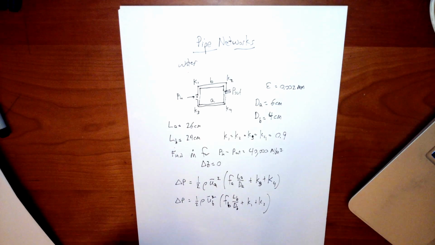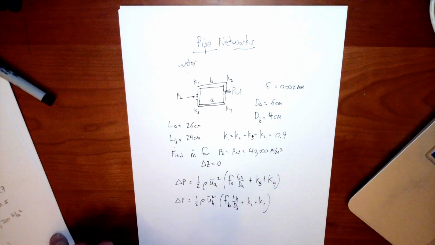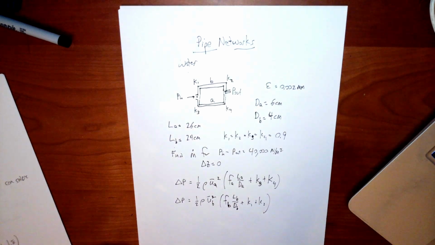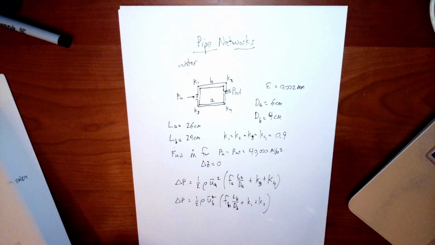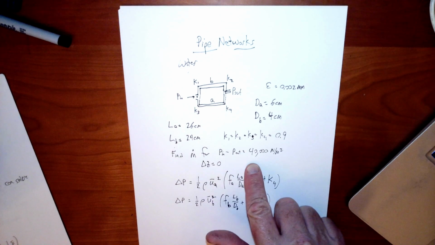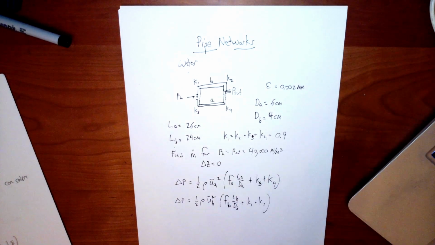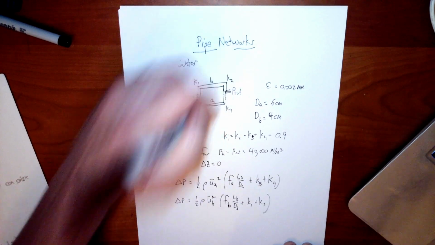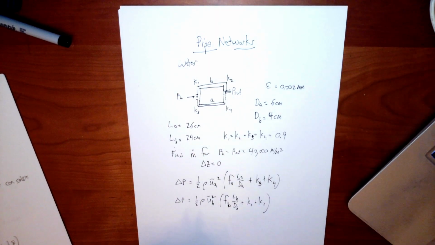Those are our two equations that we're going to work with to get the solution. We're going to try to find the mass flow rate if we have a 40,000 newtons per meter squared pressure difference between the inlet junction and the outlet junction. That's what we'll do in the next lecture.